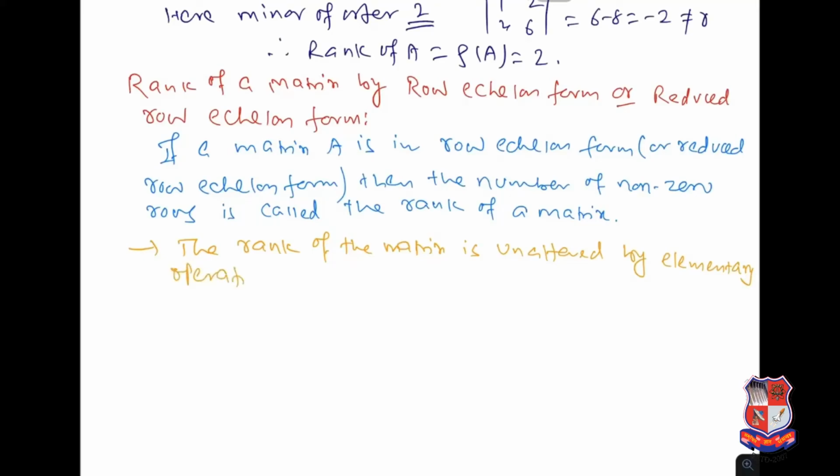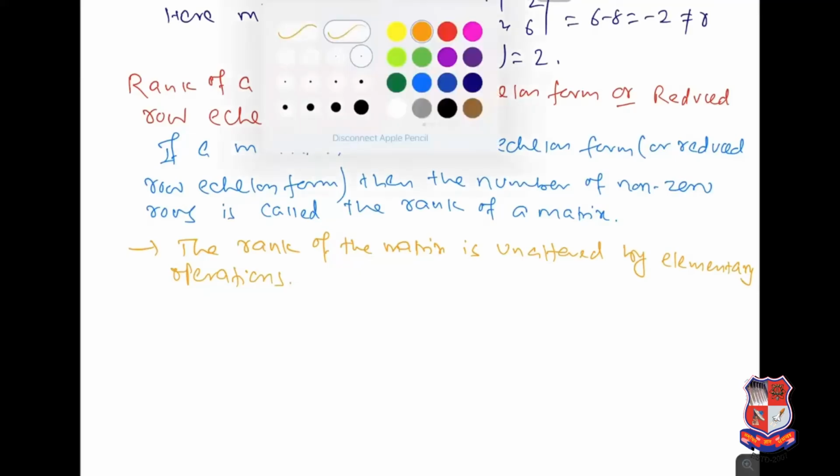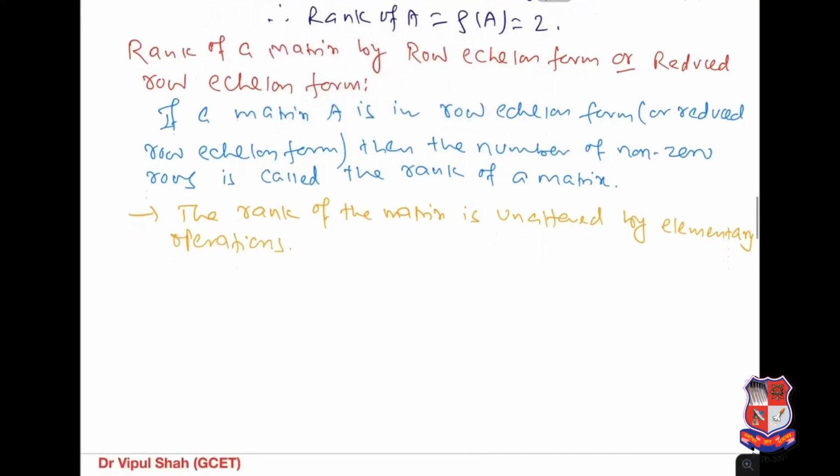So we can apply row or column operations, and the equivalent matrix that we get lastly has the same rank as the original matrix.